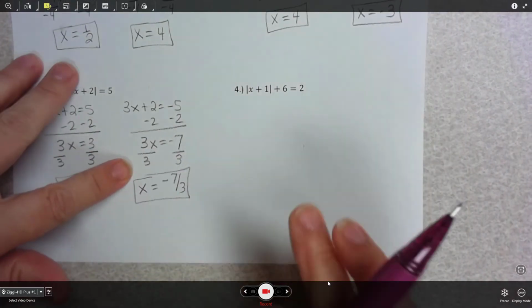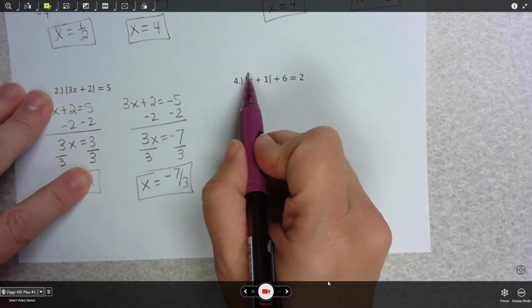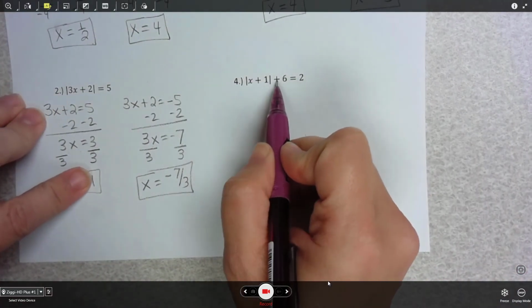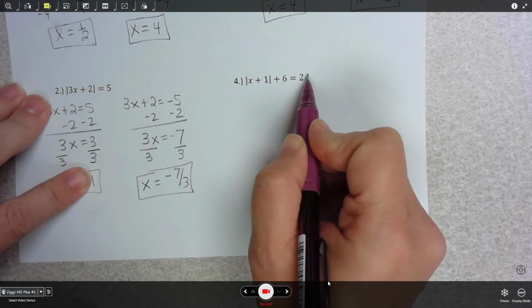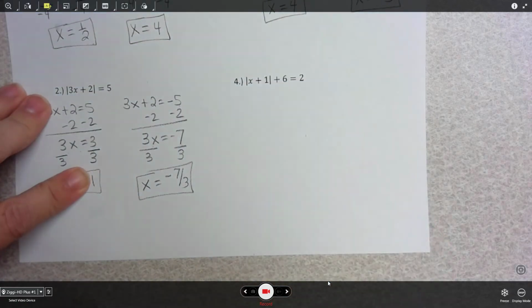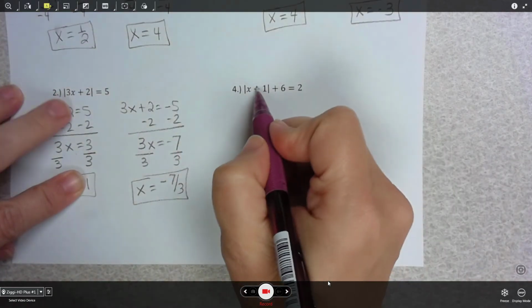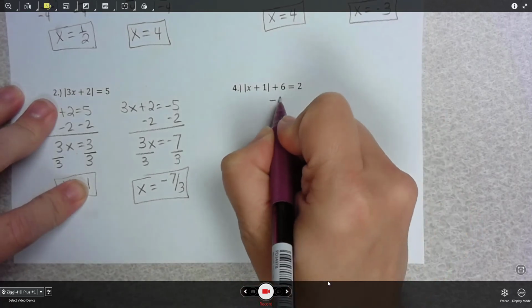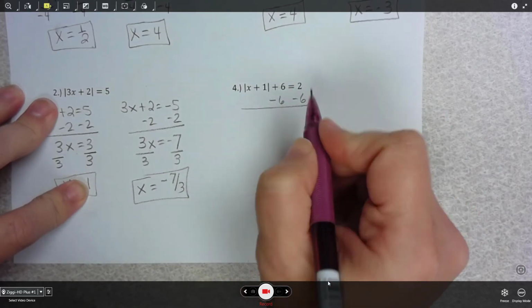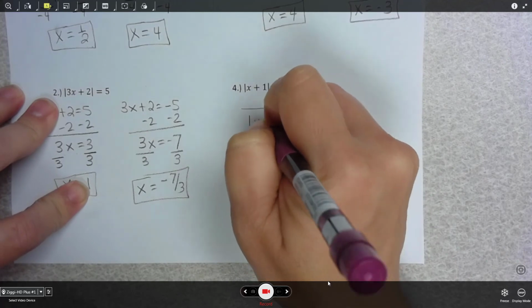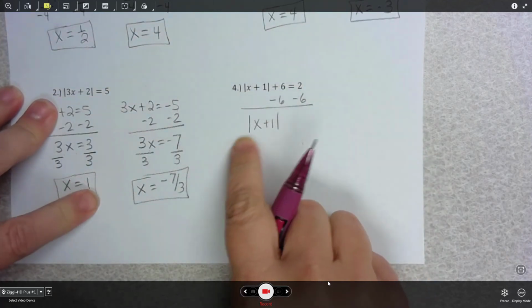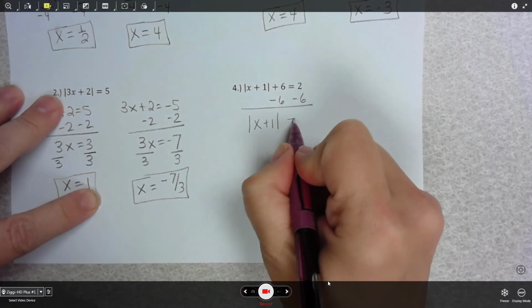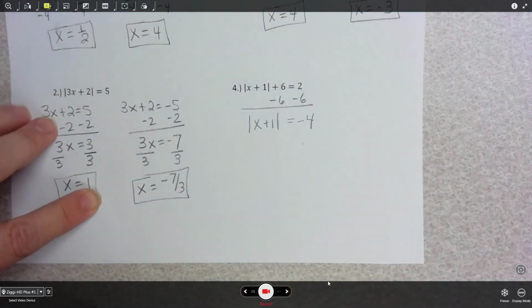Alright, for the last one here, I have some distance, and when I add 6 to it, I get 2. So what I need to do is find out what is the distance that I'm adding 6 to get 2. So I'm going to take 6 away, and this tells me that the distance of some number is negative 4.